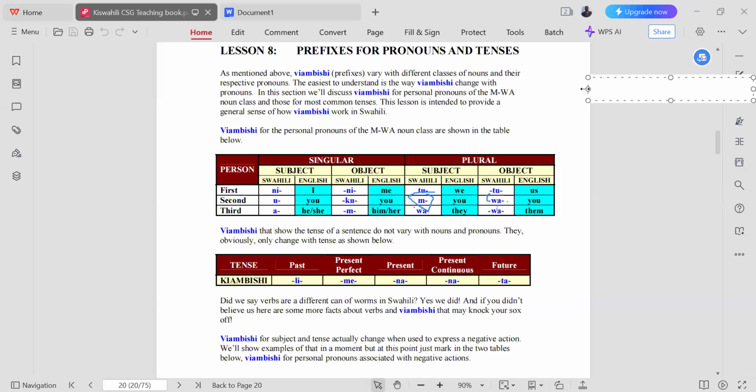Now we said m, or as indicated in the first part of the plural, means you in the subject aspect. But wa also means you in the object aspect. Are we together there?